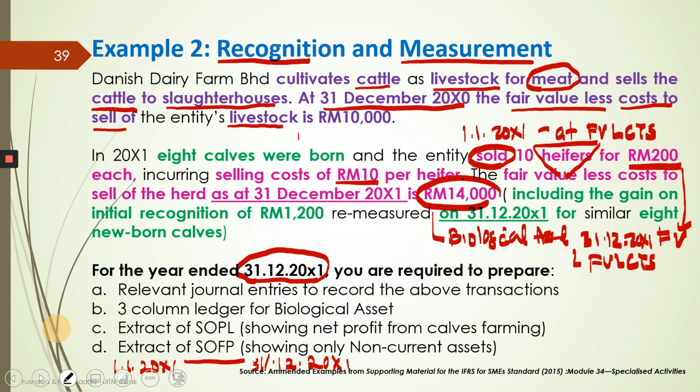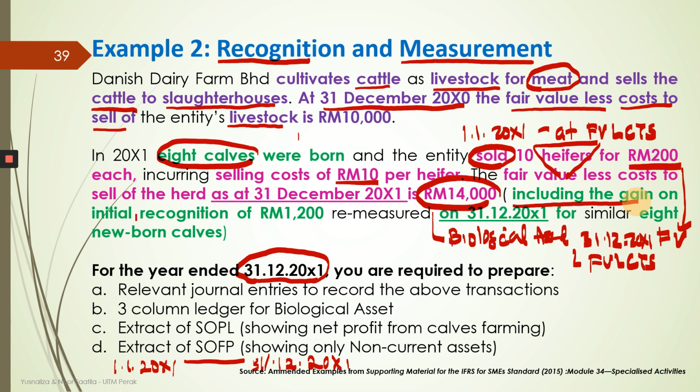For the 8 calves that were born, what you would do is see what happened at the end of the year. At the end of the year, you are informed that the 14,000 also includes the gain on initial recognition, which is 1,200.